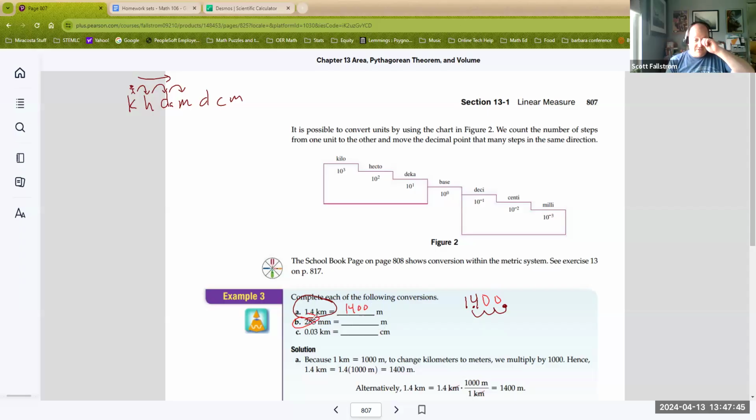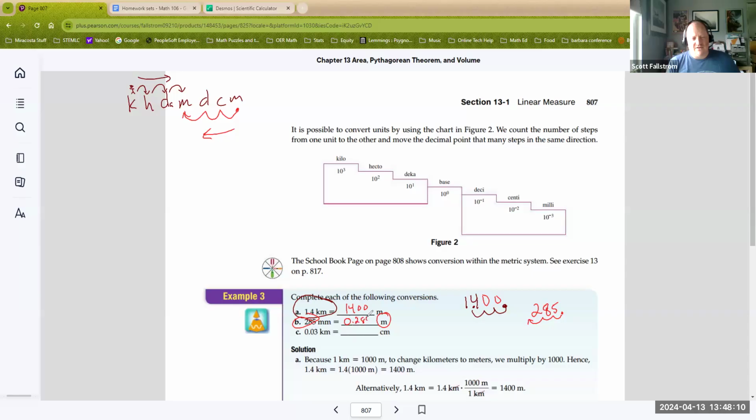Try the next one, 285 millimeters. Millimeters are down here, and I want to put that into meters. You got it, 1, 2, 3. So write my number down, 285. Here's my decimal point and move it. Notice which direction I went. From millimeters to meters is to the left. So 1, 2, 3, move it to the left.